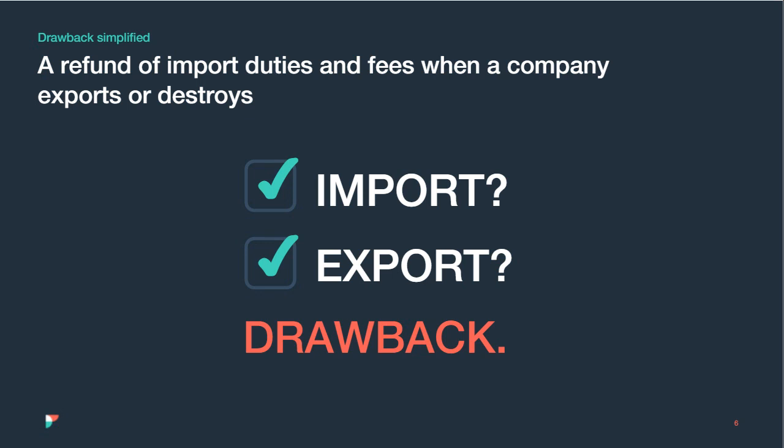I'm not going to say that drawback can cure everything, but it's a tremendous opportunity for companies to get a flow of cash back into their business to help drive down costs and improve business processes. So with that, I'm going to turn it to you and send you a poll.